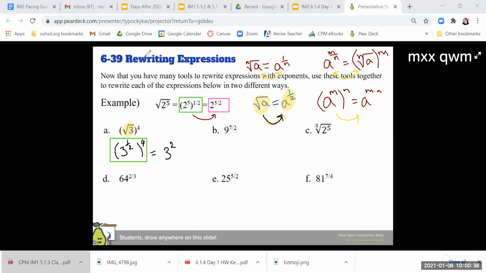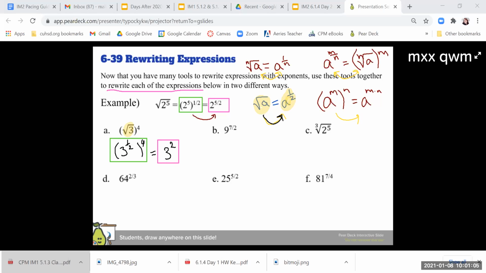And this is now my second form of the same expression. If you wrote it as 4/2 in the exponent, that would be valid. If you wrote it as 9, that would be valid. But we don't have to go further because it's just wanting us to rewrite each expression in 2 ways.